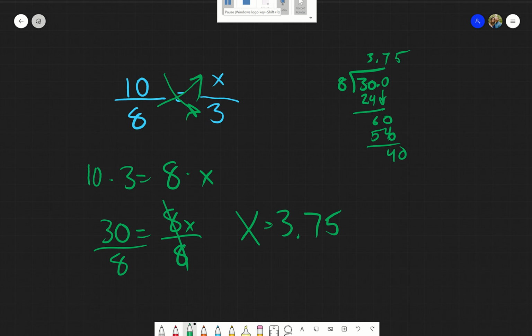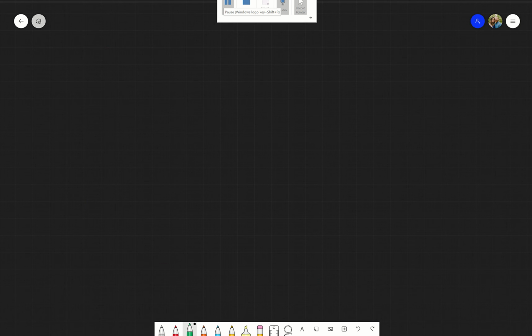This is our topic: we are solving for missing proportions. Let's say I have 6/15 and some amount of tenths.